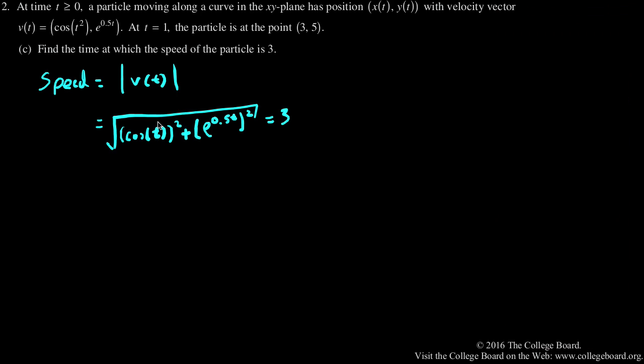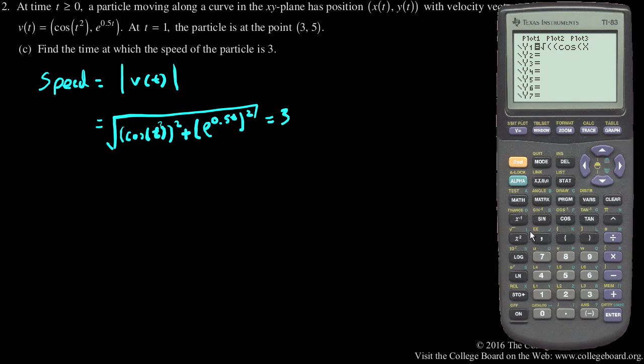There should be a squared in here. So cosine of t squared. Go back to here. So x squared. Close that off, squared. Plus e to the 0.5x squared. Okay. And on the other side, I'm going to put a 3.